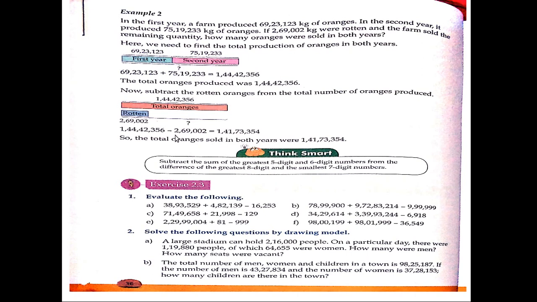So we subtract it: 1,44,42,356 minus 2,69,002 kg. So our answer is 1,41,73,354. So the total oranges sold in both the years were 1,41,73,354. In this way you have to do this sum.